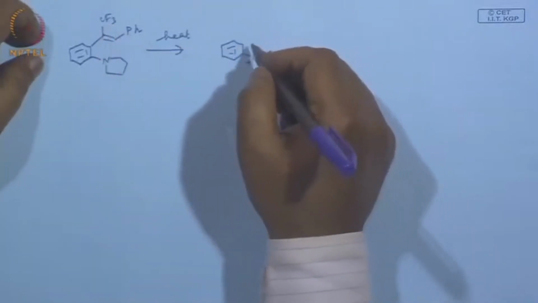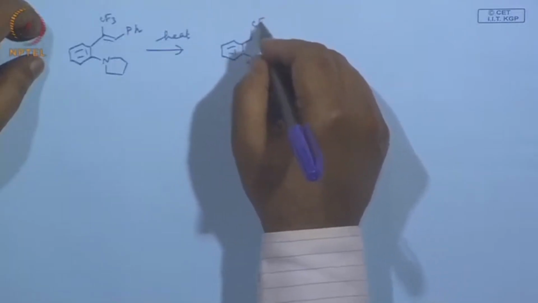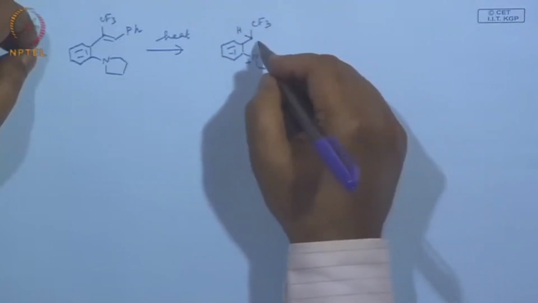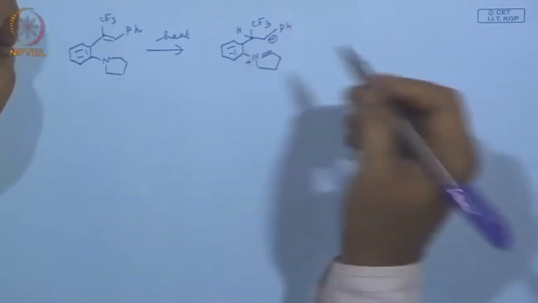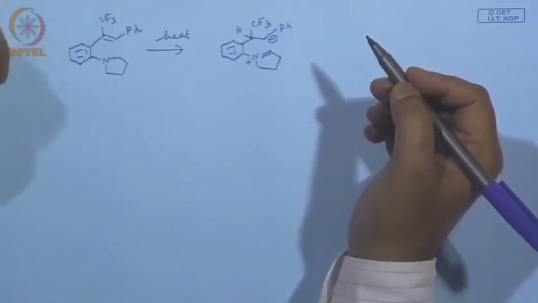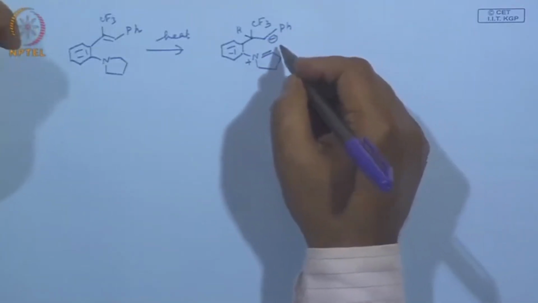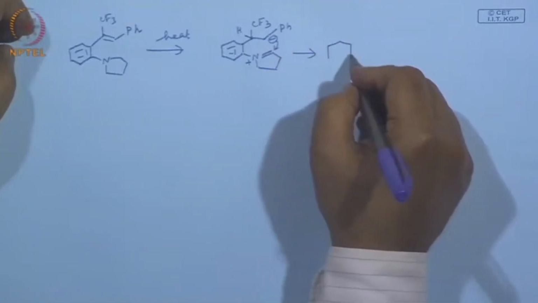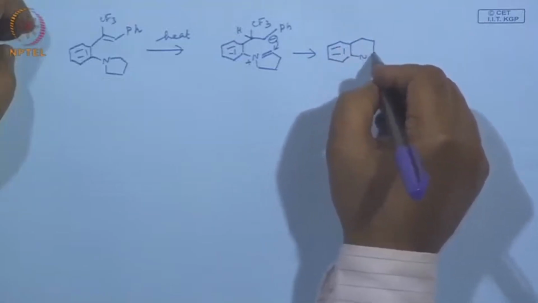But the answer is a different one, and so in this case this hydride is added to the end of the trifluoromethyl group, and then phenyl gets the negative charge. Phenyl gets the negative charge. Now, there is a possibility that this negative charge is probably conjugated to the phenyl, and so eventually the end product is again a quinoline derivative.